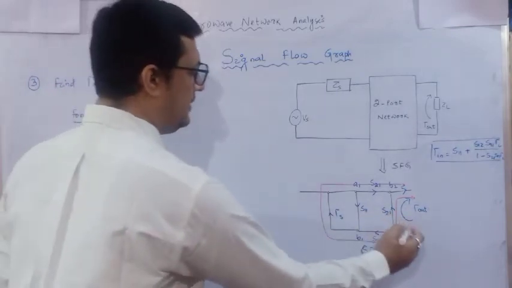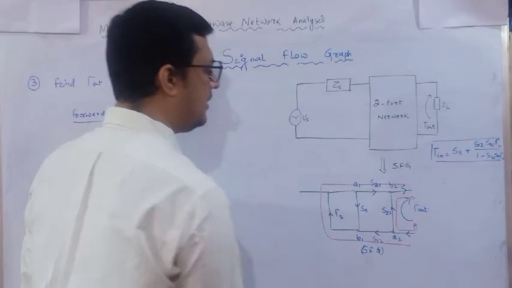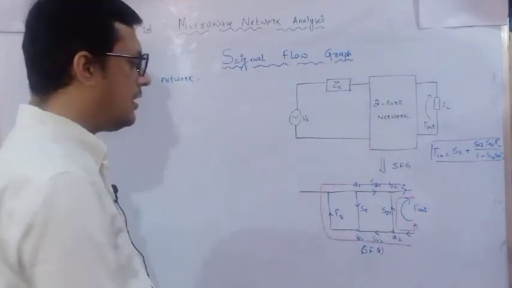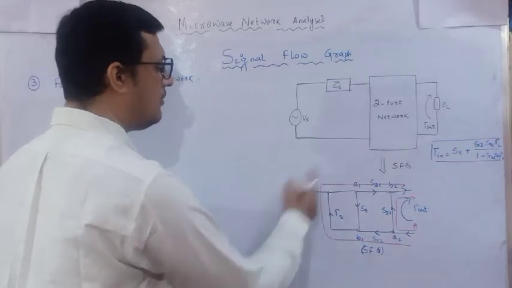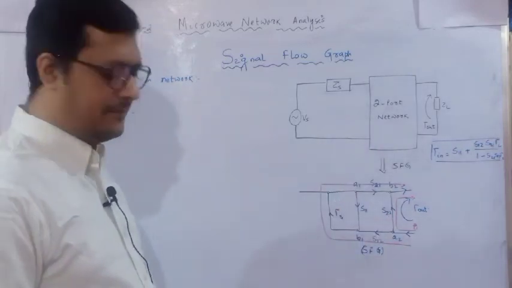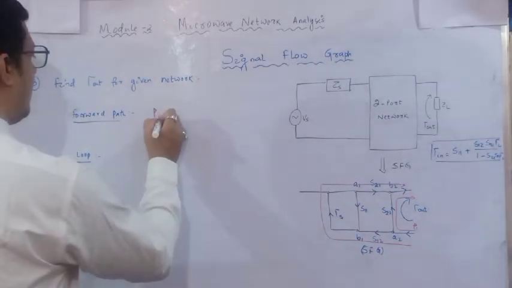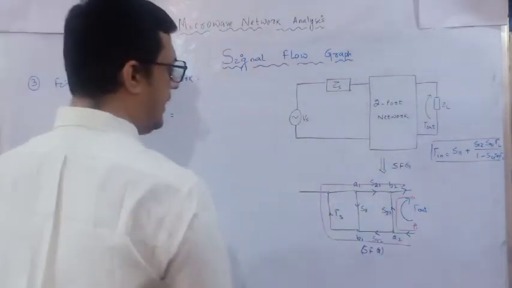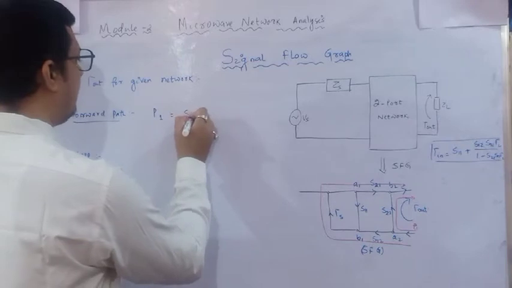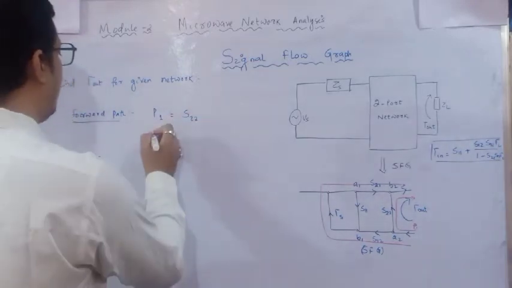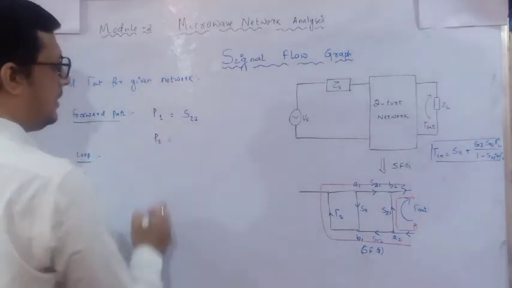Now in this case path 1 is with respect to port 1 and port 2, and path 2 includes port 1. Now what will be our path 1? Path 1 is nothing but the scattering parameter S22. Done. Then path 2. So what is path 2?